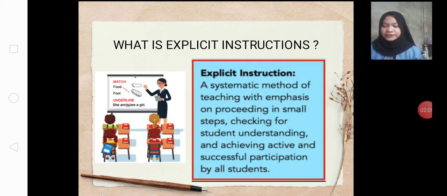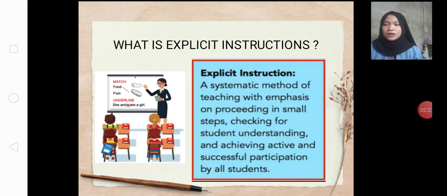Explicit instruction is also a way of teaching in a direct, structured way. So kumbaga, it is direct, step-by-step instruction, to give clear instructions to your students.